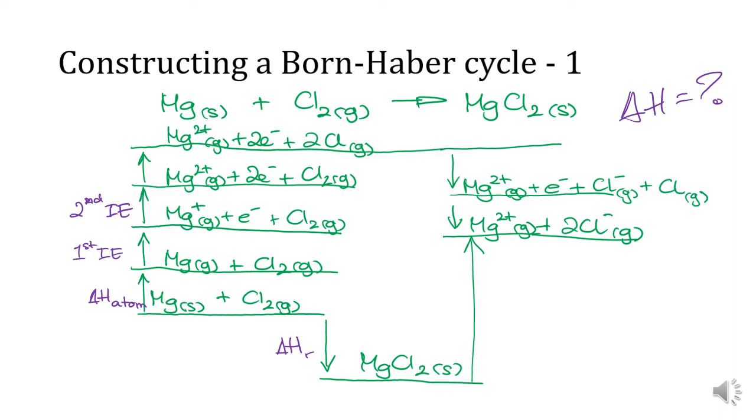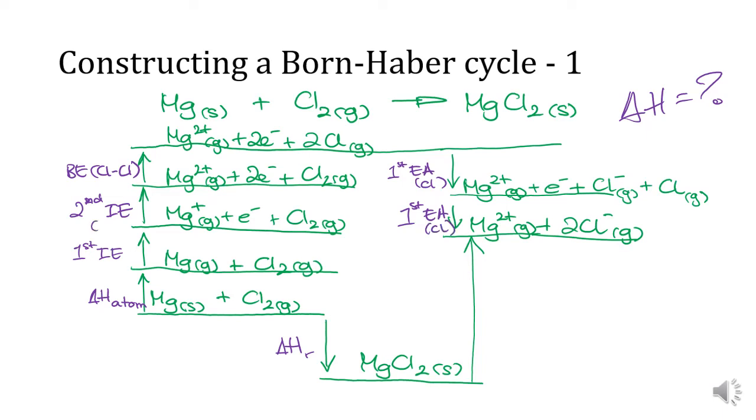Then I'm splitting the bond between my 2 chlorine atoms, so that is the bond enthalpy of chlorine to chlorine. Then if I go over to the right hand side, I've got the first electron affinity for chlorine, and then the first electron affinity for chlorine again.